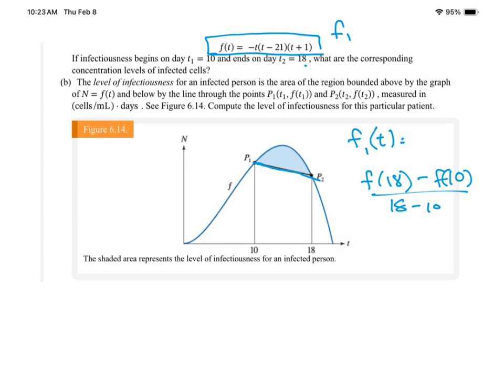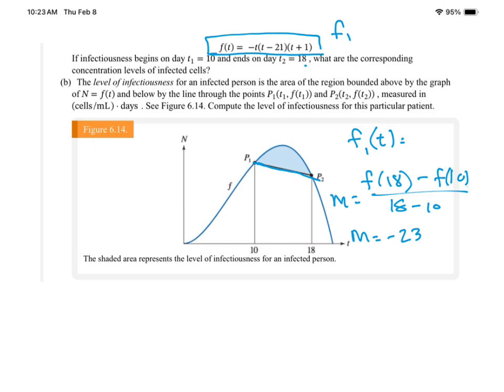We've just got to write this equation. F of 18 minus f of 10 over 18 minus 10. This is going to be m for that secant line. M equals negative 23. Cool beans?